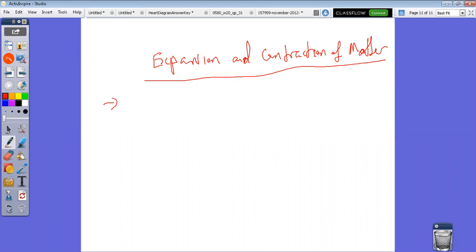So we're talking of expansion and contraction. Where do we apply this, expansion and contraction in general? Which applications do we use this in? Measuring hot temperatures.